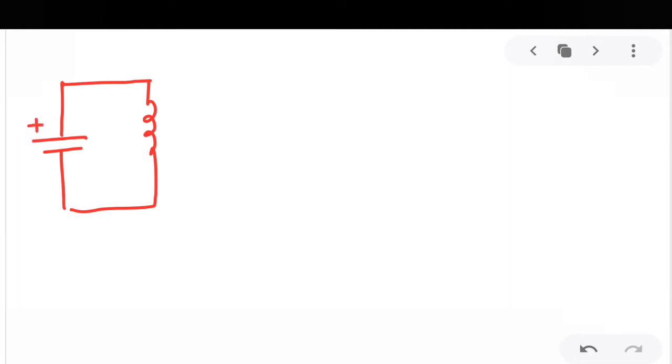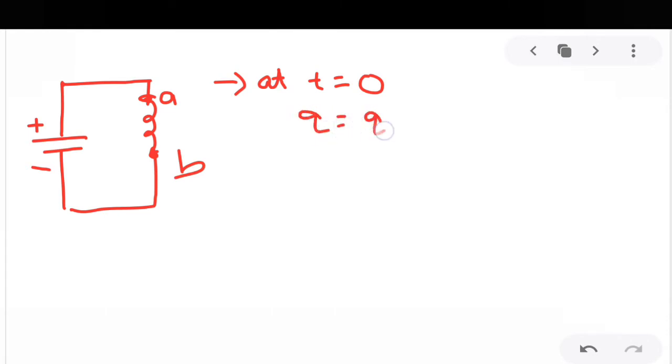Suppose we have this capacitor. Now this capacitor is initially charged and then it is connected with an inductor. This is the positive plate, this is the negative plate, this is terminal A, this is terminal B. Now at t equal to 0, the capacitor has maximum charge, so Q is equal to Qm.